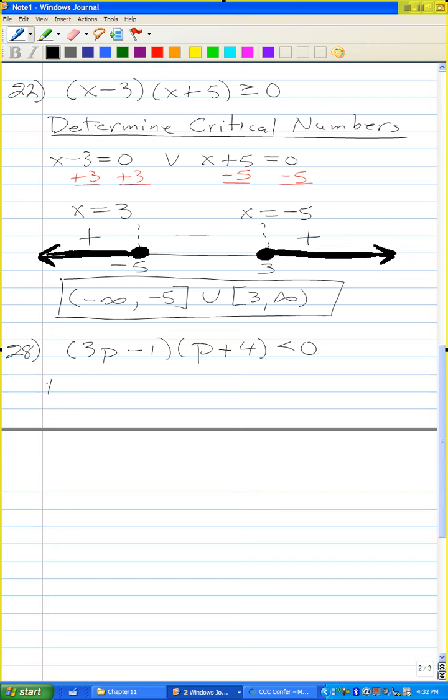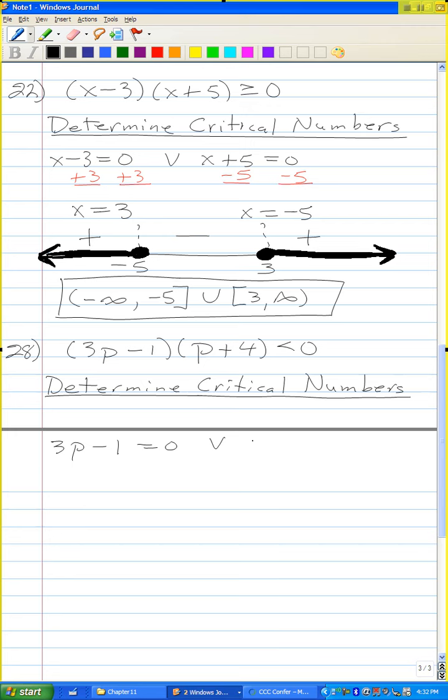Therefore, I can determine my critical numbers. And so 3p minus 1 is 0. P plus 4 is 0. So you just set each factor equal to 0.